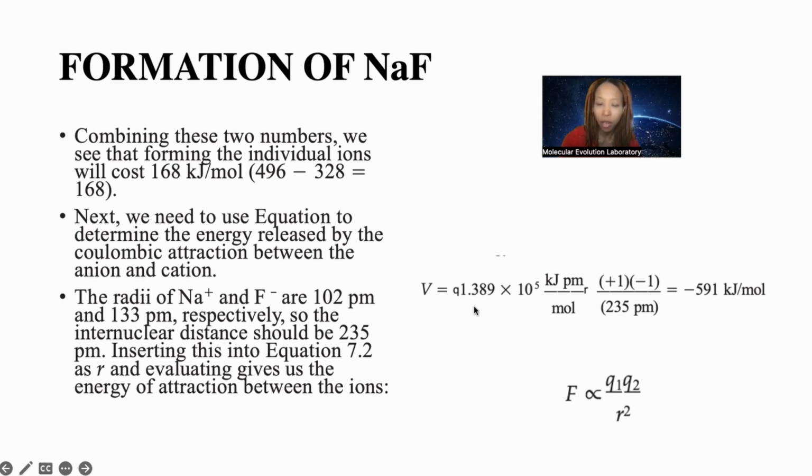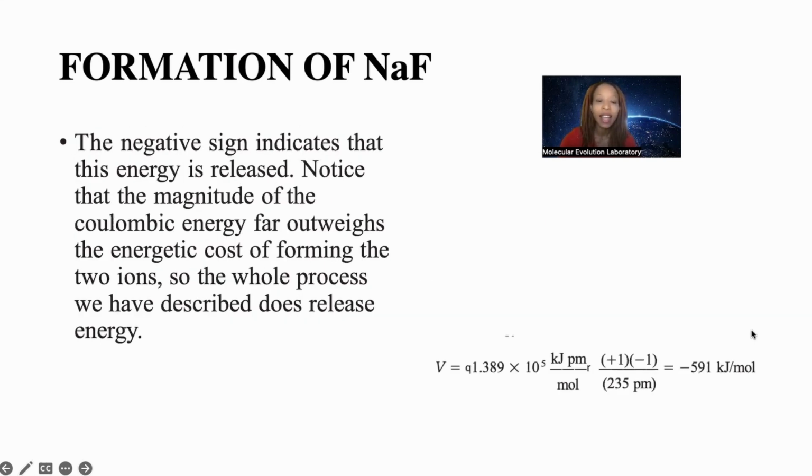So here we have the constant of 1.389 times 10 to the 5 kilojoules picometer per mole, the charges are 1 plus and 1 minus, and the distance between them is 235 picometer, which basically gives us a minus 591 kilojoules per mole. The negative sign indicates that the energy is released. Notice that the magnitude of the coulombic energy far outweighs the energetic cost of forming two ions. So the whole process we have described does release energy.